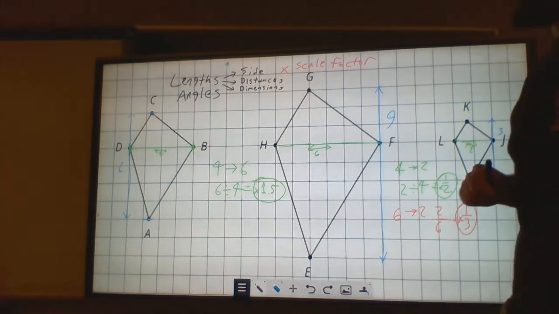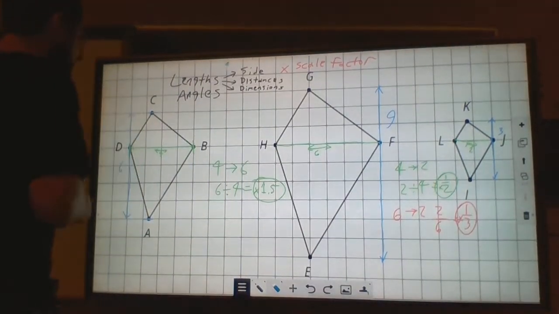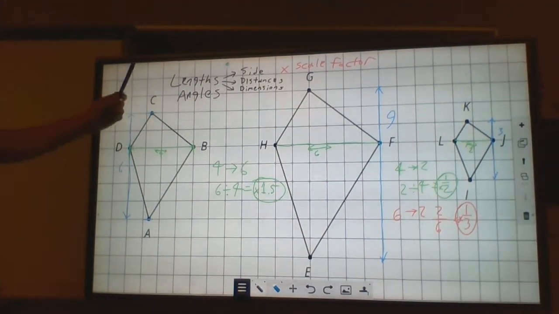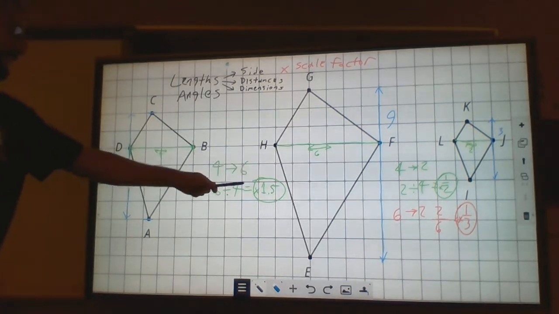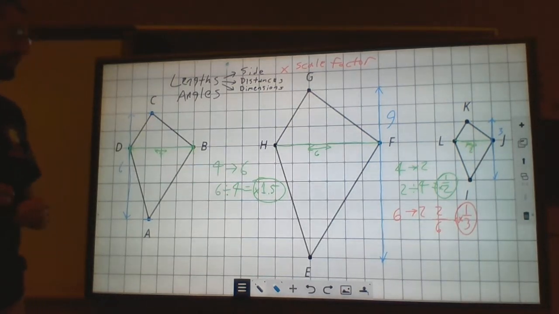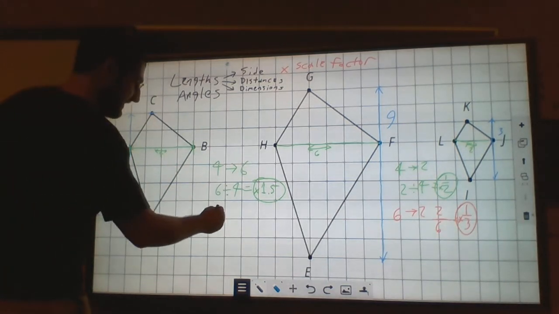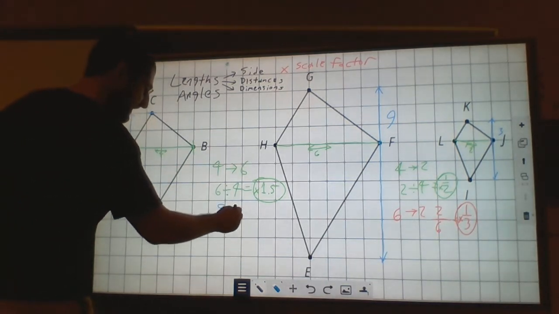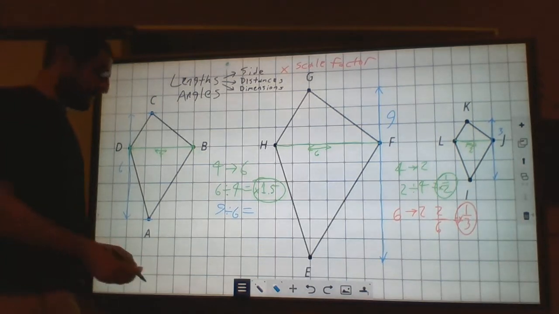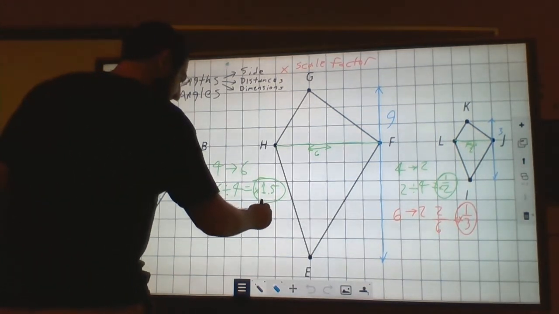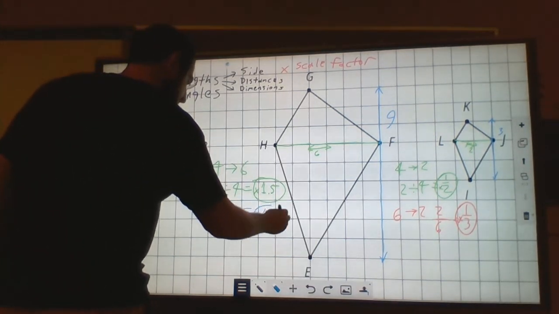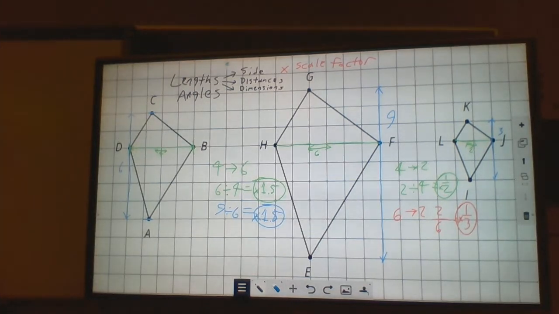So now we'll ask ourselves, is the relationship from 6 to 9 multiplying by 1.5? So we can just as easily, just like before, take 9 and divide it by 6, and we should end up with, ta-da, 1.5 again.